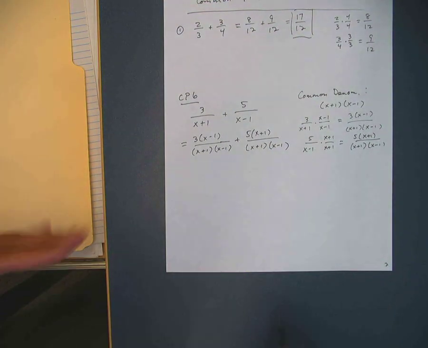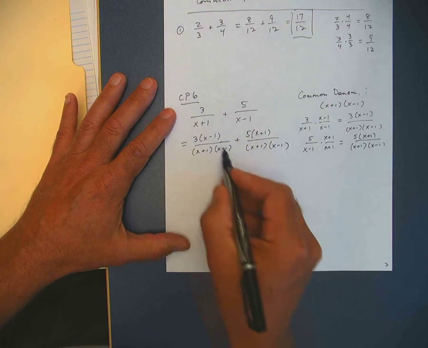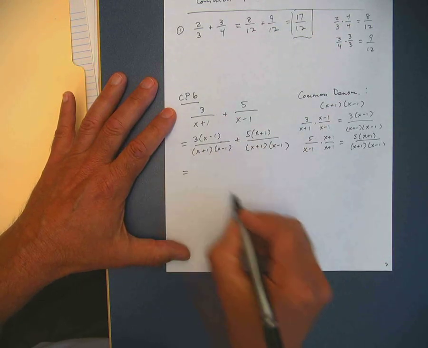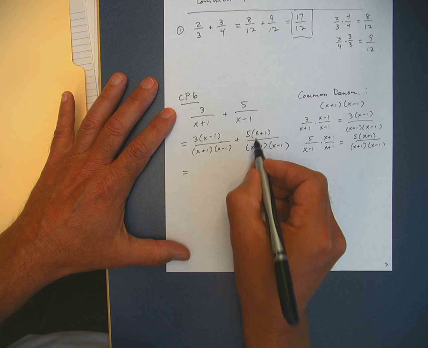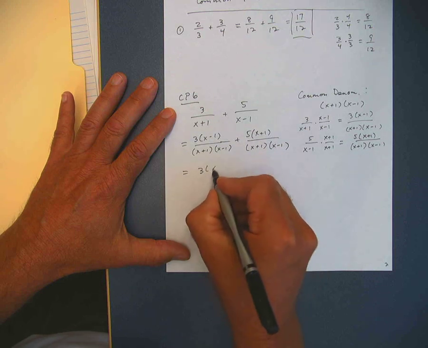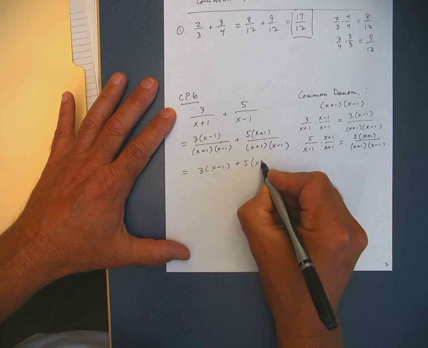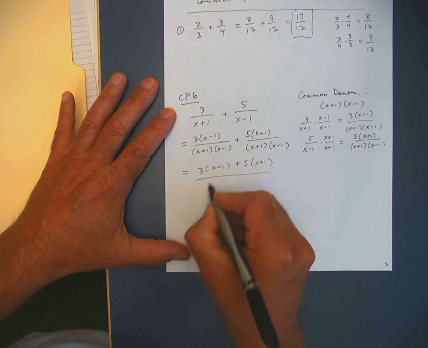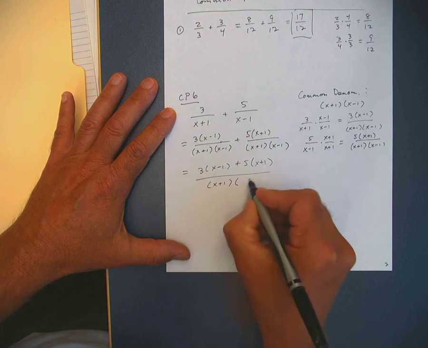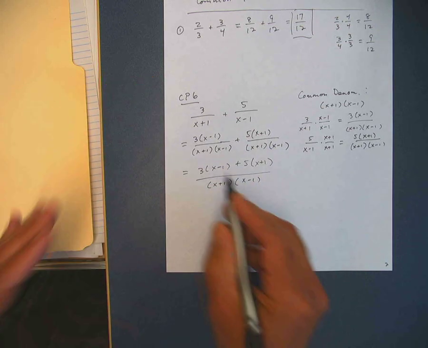We can continue to work with simplifying or putting these two fractions together. All right, we're adding the numerators, so this will be the same as 3 times x minus 1 plus 5 times x plus 1 over this denominator. So all I did there was add the numerators.